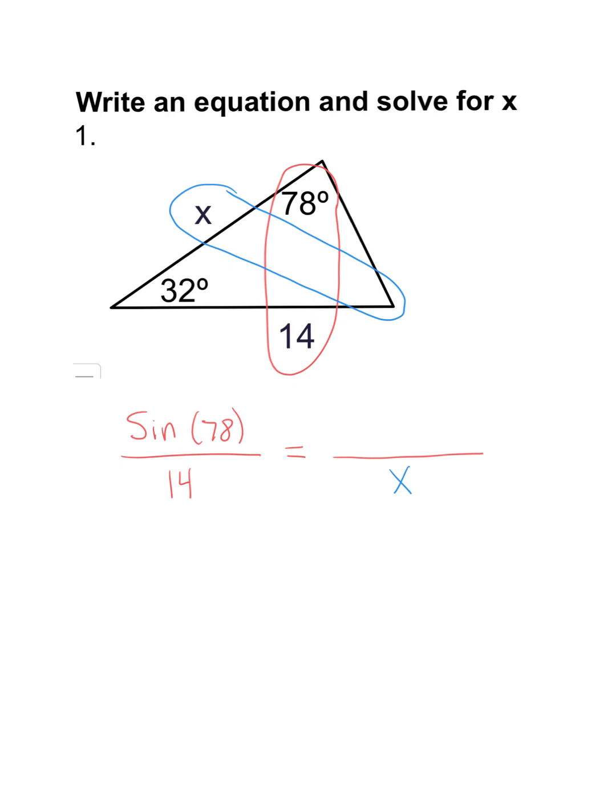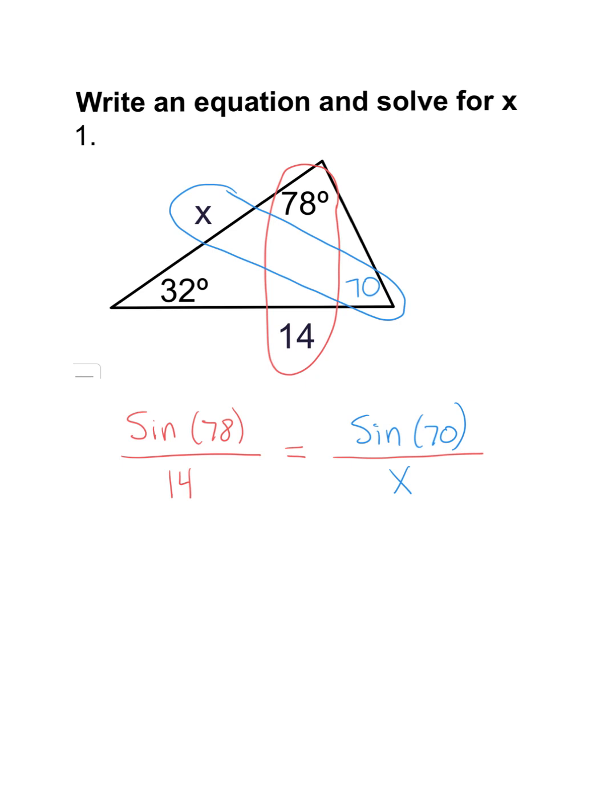So if we take 180 minus 32 minus 78, that angle right here has to be 70 degrees. Now there is our second ratio right here, the sine of 70 over its opposite side x.